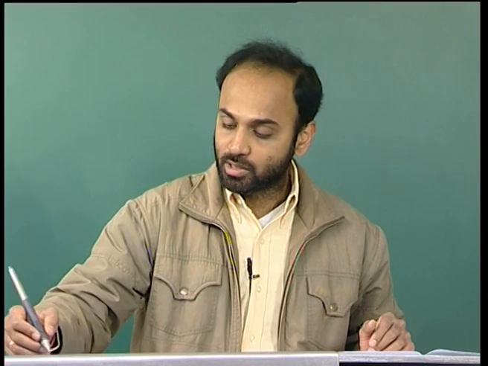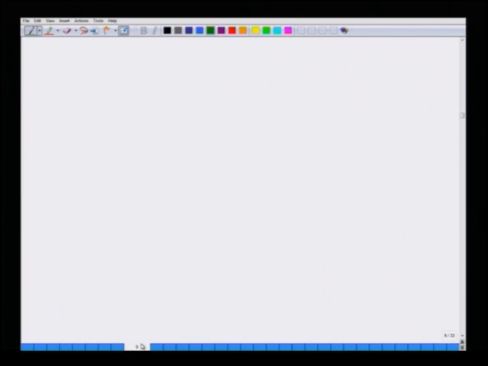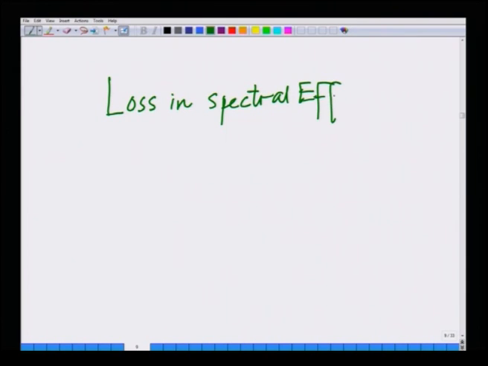Hence, finally what we want to compute is the loss in spectral efficiency. Why is there a loss in spectral efficiency?